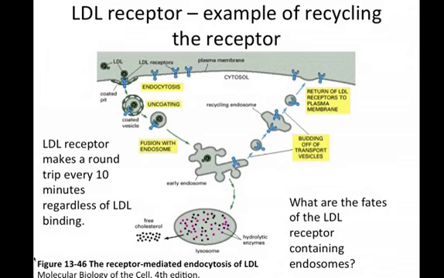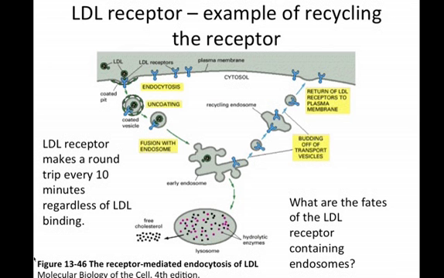So the LDL receptor is an example of recycling, where you'll have endocytosis through clathrin-coated pits, fusion with the endosome, and then in the early endosome you've got budding of these recycling endosomes that will go up to the plasma membrane, and then the rest goes to the lysosome.